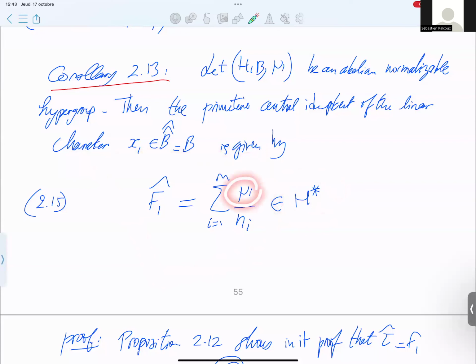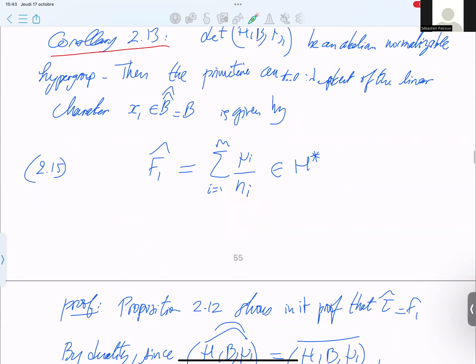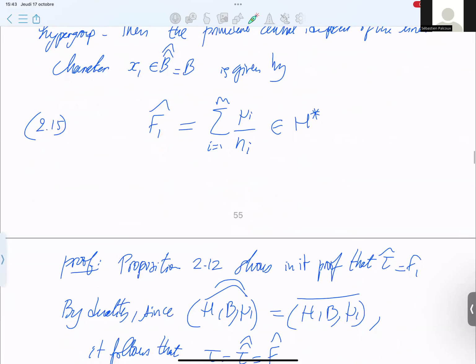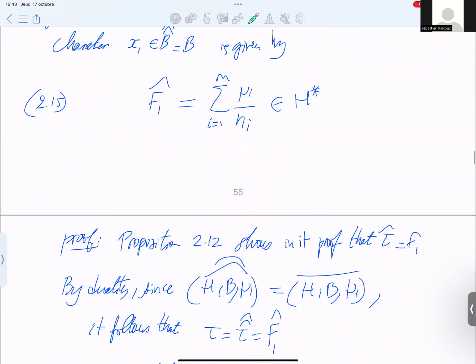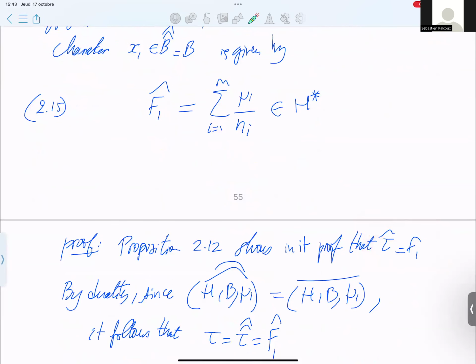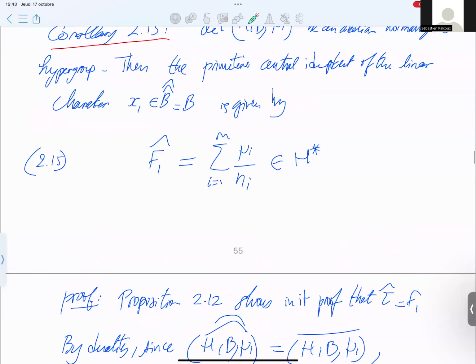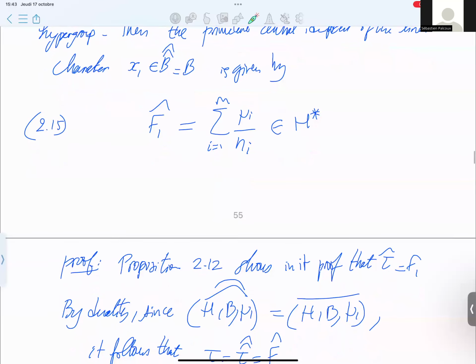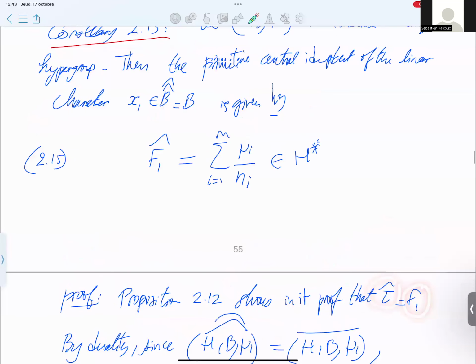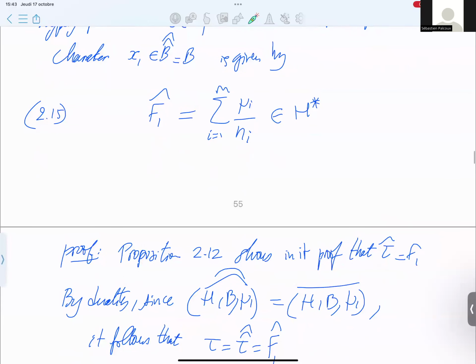So it only involves the linear character and the formal codegrees. Okay, so you use the fact that we proved that in the initial hypergroup, this is tau hat. So in the dual, this is tau hat hat.